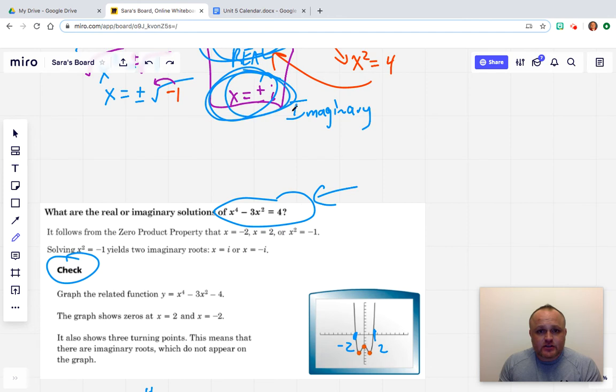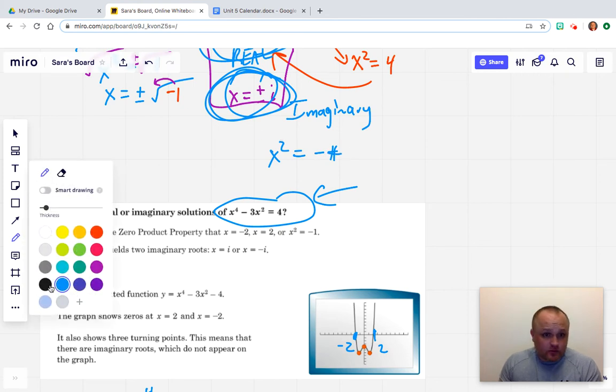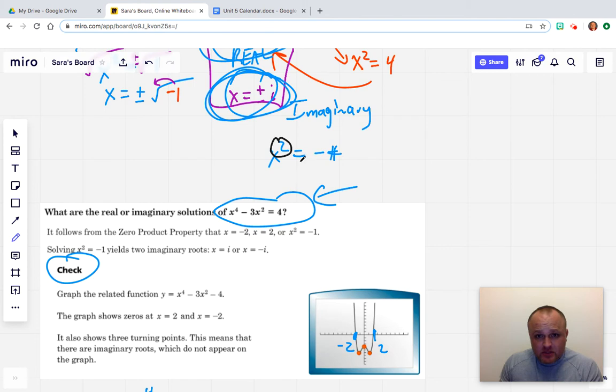this imaginary solution set, it came from some kind of x squared equal to a negative number. I know there's a lot we're learning in this unit, but that means one change of direction can exist amongst the imaginary. So here I have 3 changes of direction because my biggest power was 4.